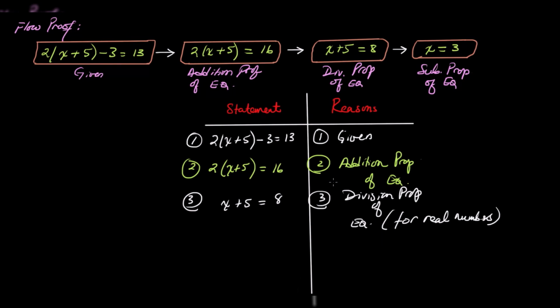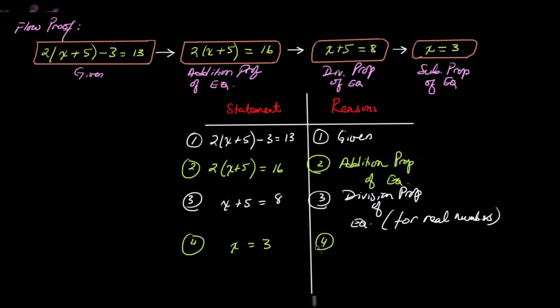So, as I suggested previously, these properties will build on themselves, and they recur again and again. So it's important to get to know the verbiage verbatim, the language in a very precise way. So this was because of division property of equality, and this is for real numbers. And the final step here was that we subtracted 5 from both sides, and then we got x is equal to 3.